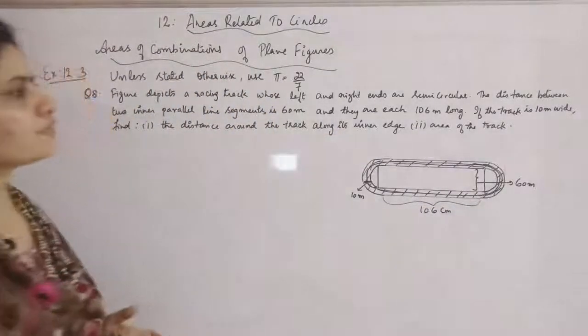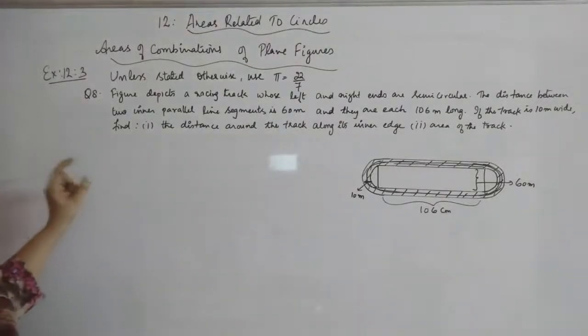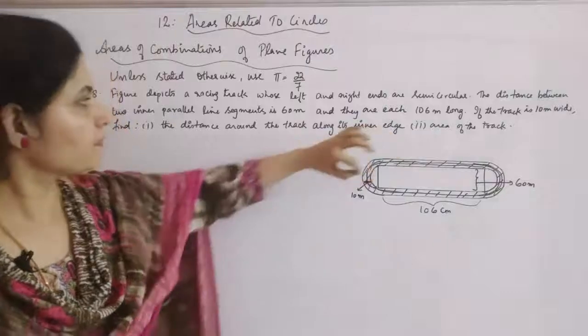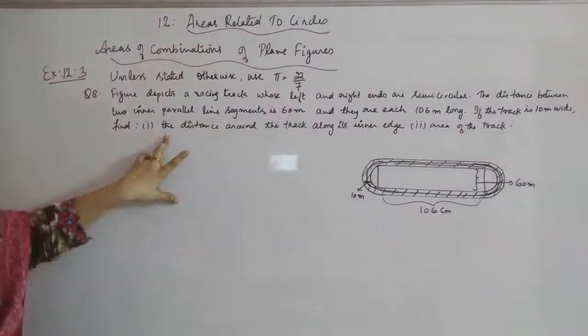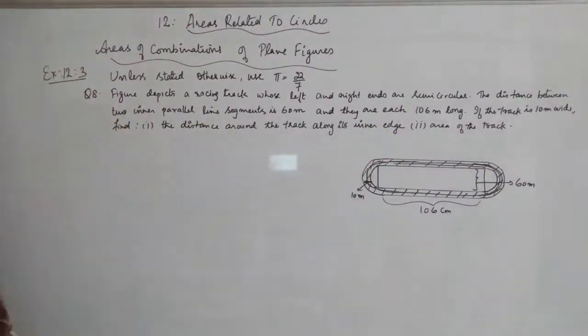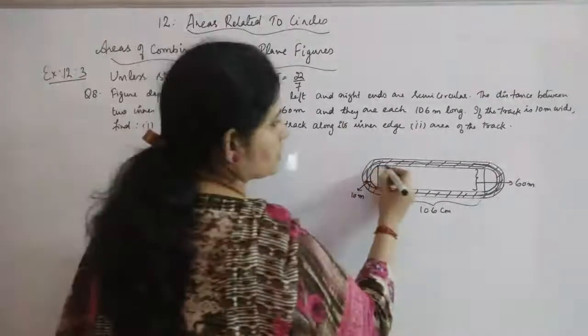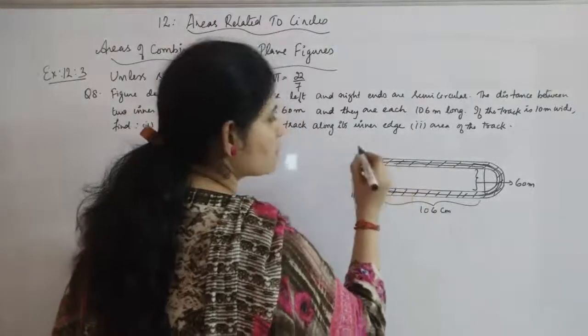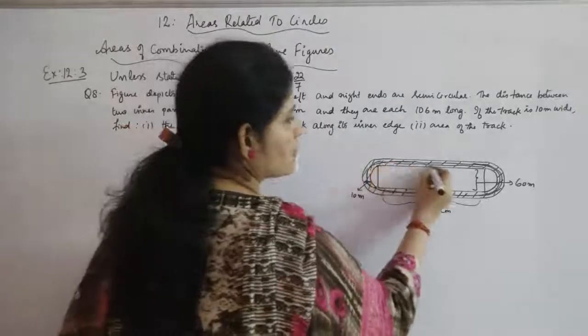Okay, and if the track is 10 meter wide, this width is given to be 10 meter. You have to find out the distance around the track along its inner edge. What is the inner edge? This one, this inner edge distance you have to find out. So for that you need this parallel length.